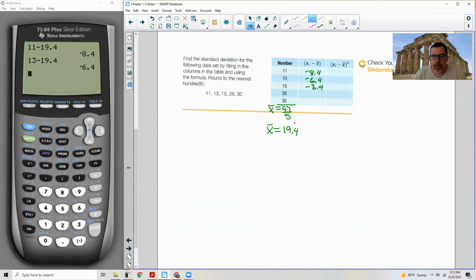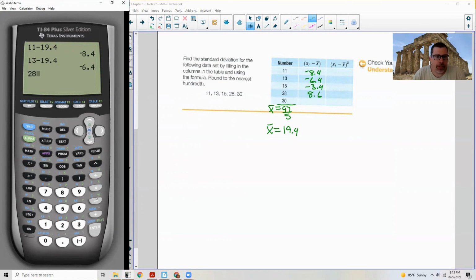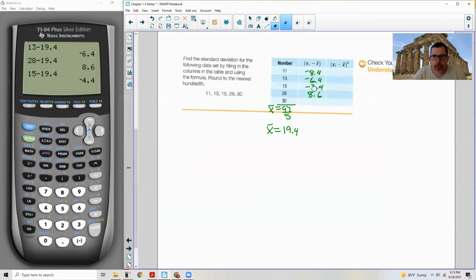And 28 minus 19.4 is 8.6. I think. Let me make sure I don't make any mistakes. 28 minus 19.4, 8.6. And 15 minus 19.4, negative 4.4. Good thing I checked that. This is a 4.